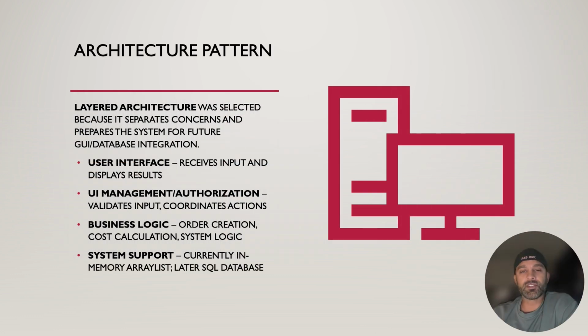Now for the architecture panel, I have chosen the layered architecture. Why? Because it separates concerns and prepares the system for future GUI and database integration. Every layer contributes to a feedback loop that ensures validation, successful operation, and also clear error feedback.